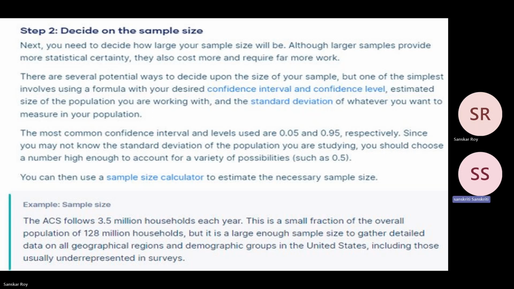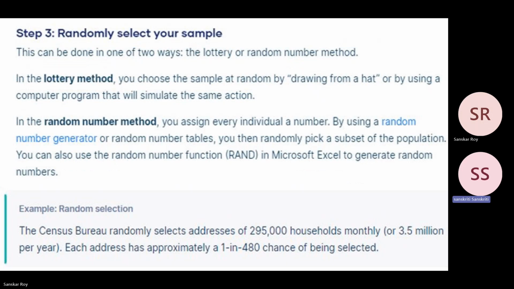Step 3: randomly select your sample. This can be done in one of two ways, the lottery or random number method. In the lottery method, you choose the sample at random by drawing from a hat or by using a computer program that will simulate the same action.